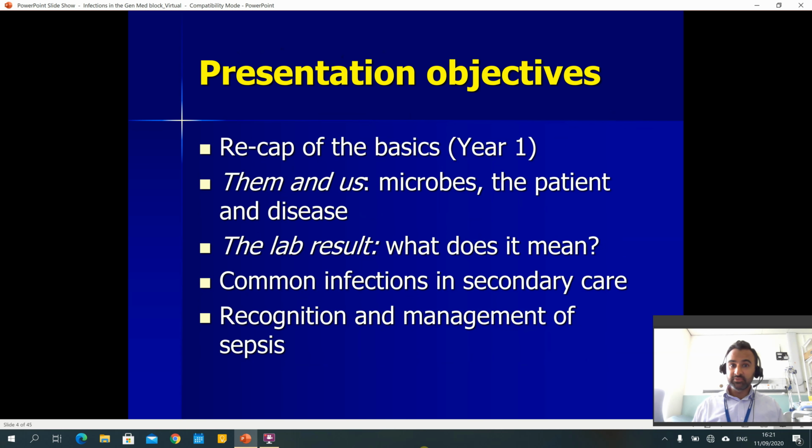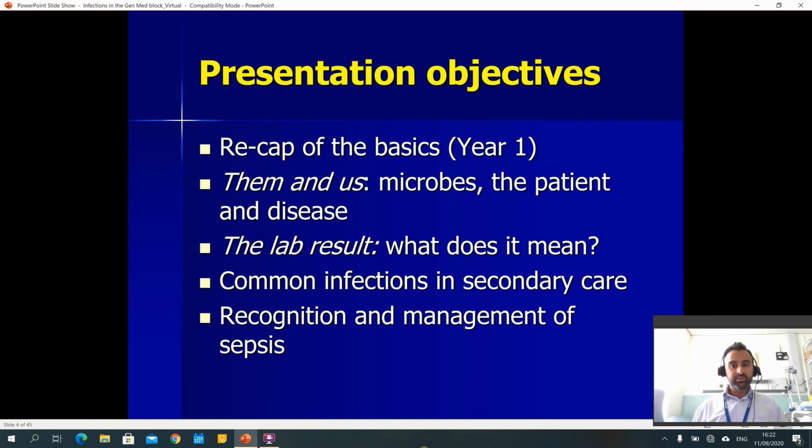Particularly for this objective, we'll recap some of the basics that you went through in year one. We're going to talk about microbes and what the interaction is between microbes and patient factors and how this then develops into disease. When you're working on the wards, you will have very frequent access to and communication with microbiology laboratories and ID.